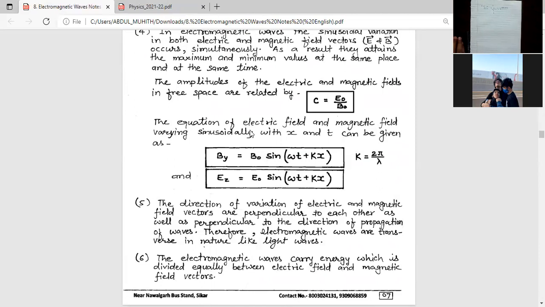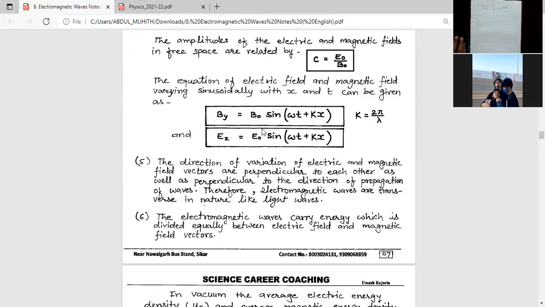The amplitudes of the electric field and magnetic field in free space are related by c is equal to E0 by B0. Magnetic field along the y-axis is given by B0 sine (kx plus omega t). This we studied last year. In grade 11, we wrote the equation of the wave, y of x comma t equal to A sine (kx minus omega t), or kx plus omega t.